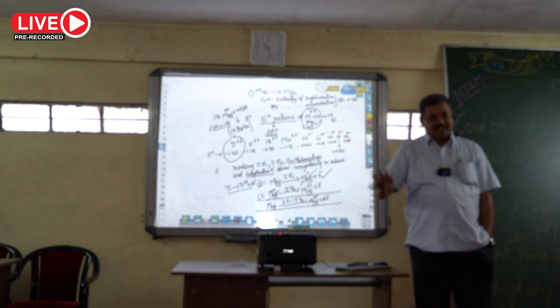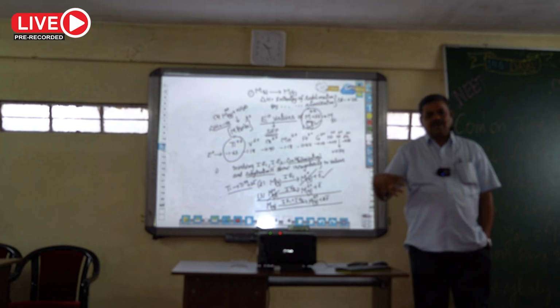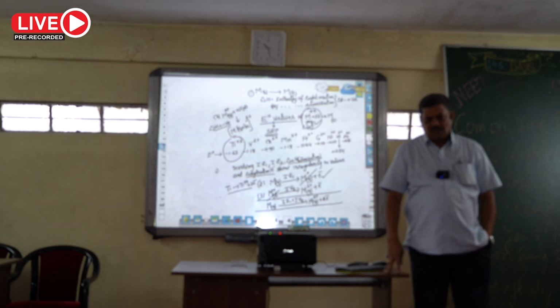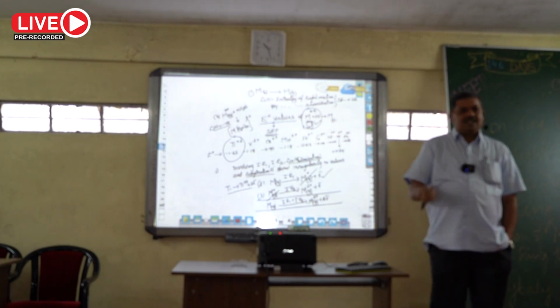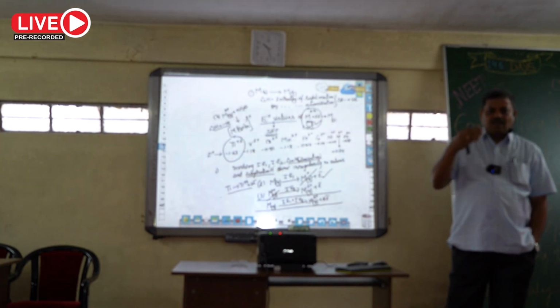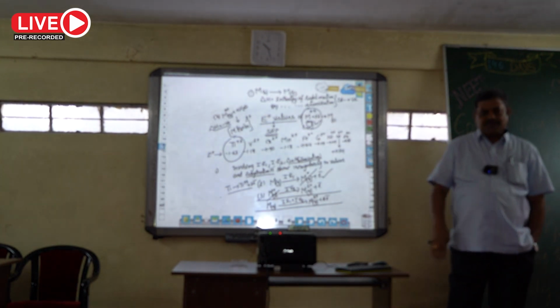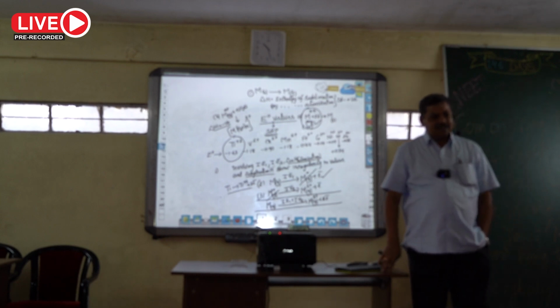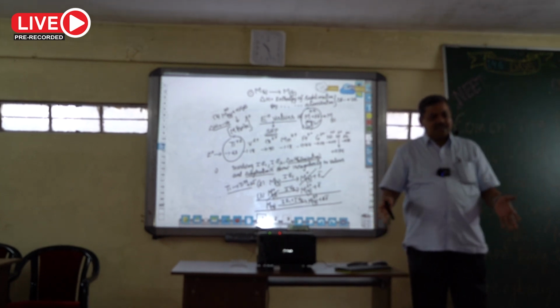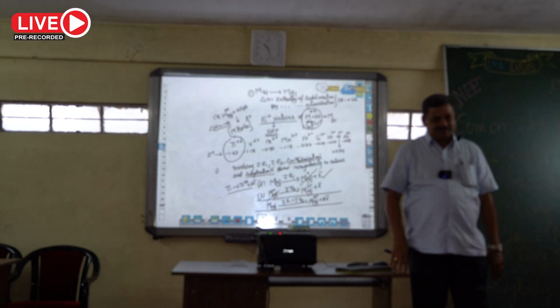Okay, this is all one side. The second side is that seawater contains many dissolved salts. These salts easily corrode the metal of the ship. The outside metal of the ship is always in touch with water.